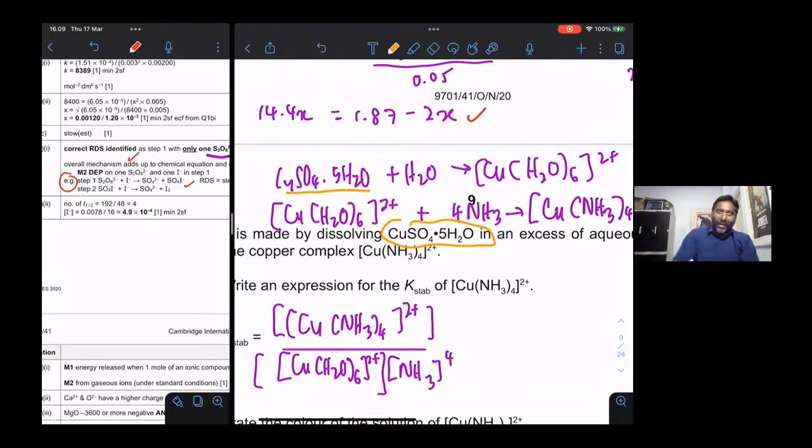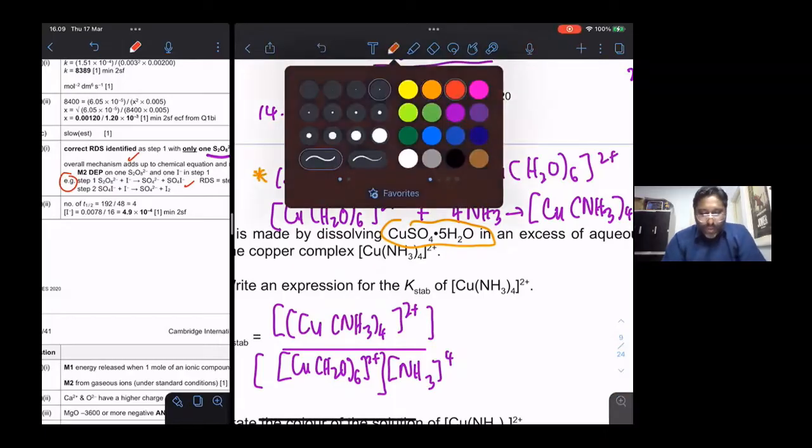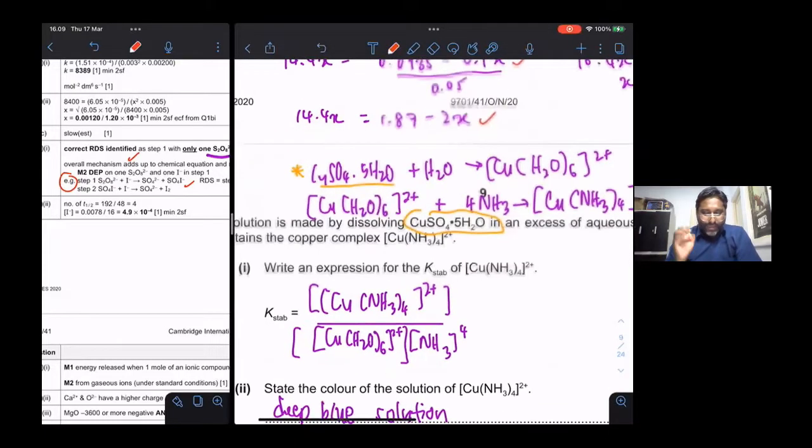Maybe most of you don't know this, so take note. When you have this copper sulfate with 5H2O and you put them in excess aqueous solution, before it reacts with ammonia, before ligand exchange actually takes place, they are going to form this.